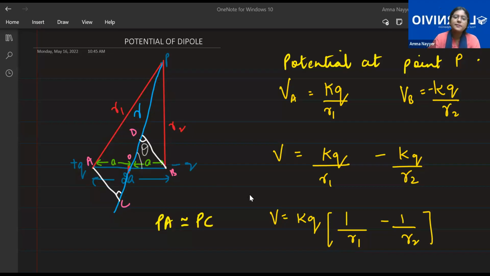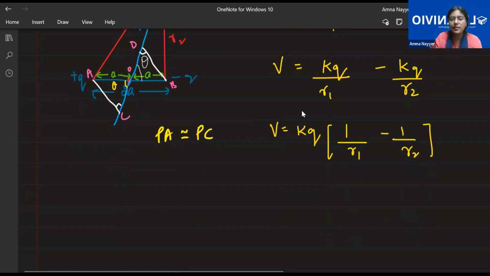Now for that purpose, see this small triangle AOC, which we made in the construction. This is the perpendicular AC, this is the base OC, and the hypotenuse is A. If this angle is theta, this will also be theta.